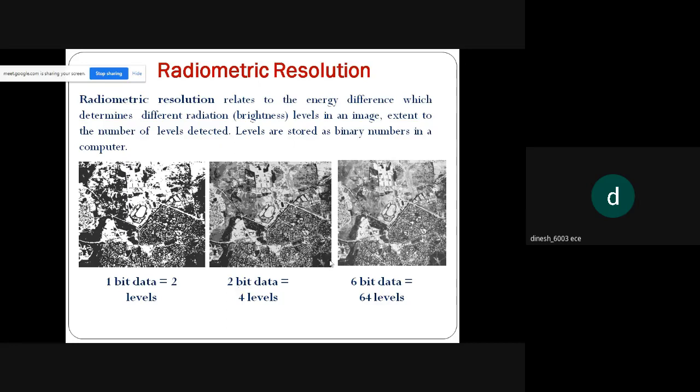Okay, 2 power 2, 4-level. So next, compare this with the 6-bit data, which is 2 power 6. With 2 power 6, you get more resolution. So this we call radiometric resolution. So levels are stored as binary numbers in a computer. So 2-level, 4-level, 64-level. From this you can identify which gives us the best radiometric resolution for a specified area.